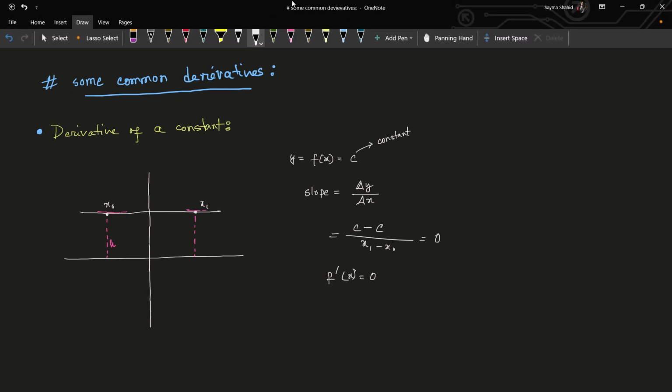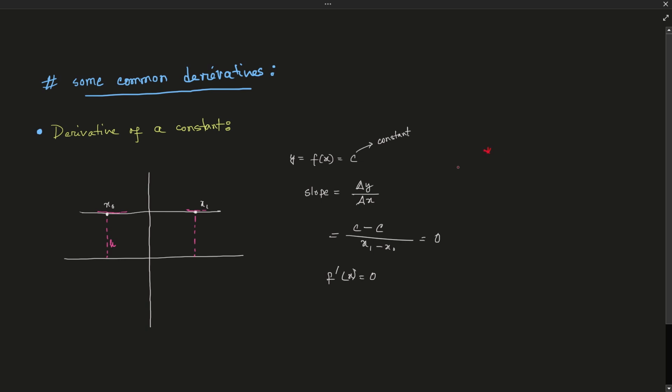Basically from this we can come to a conclusion that a horizontal line or a constant always has a derivative of 0.